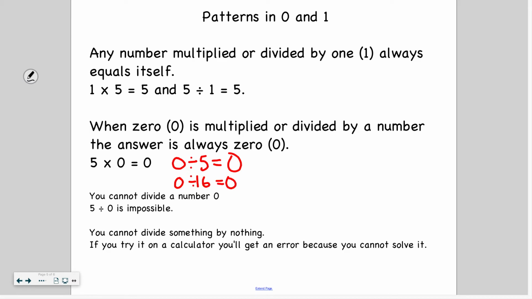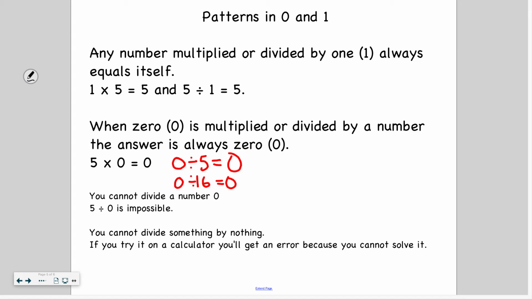So when 0 is multiplied or divided by another number, the answer is always 0. The one thing that's different is you cannot divide a number by 0. So I can do 0 divided by 5 is 0, but I can't do the opposite, 5 divided by 0.